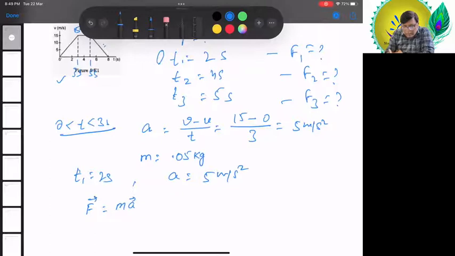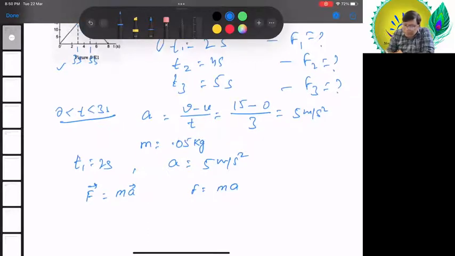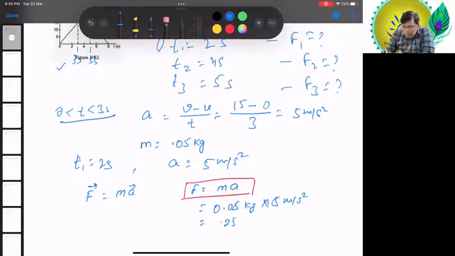Because this is a linear motion, we can simply write F is equal to ma, because plus or minus will give the direction of this force F. Here mass is 0.05 kilogram multiplied by this 5 meter per second square. This will give 2.25 Newton. This is our F1.